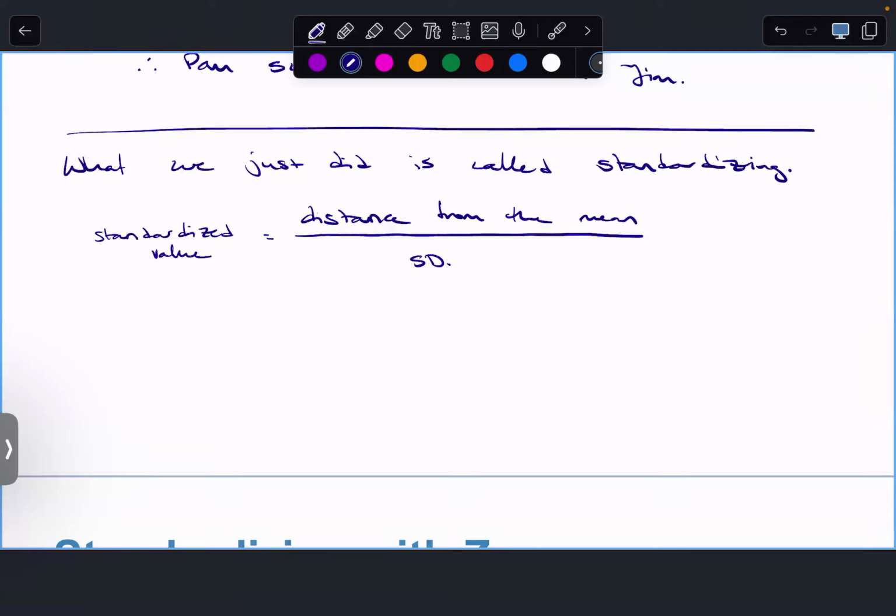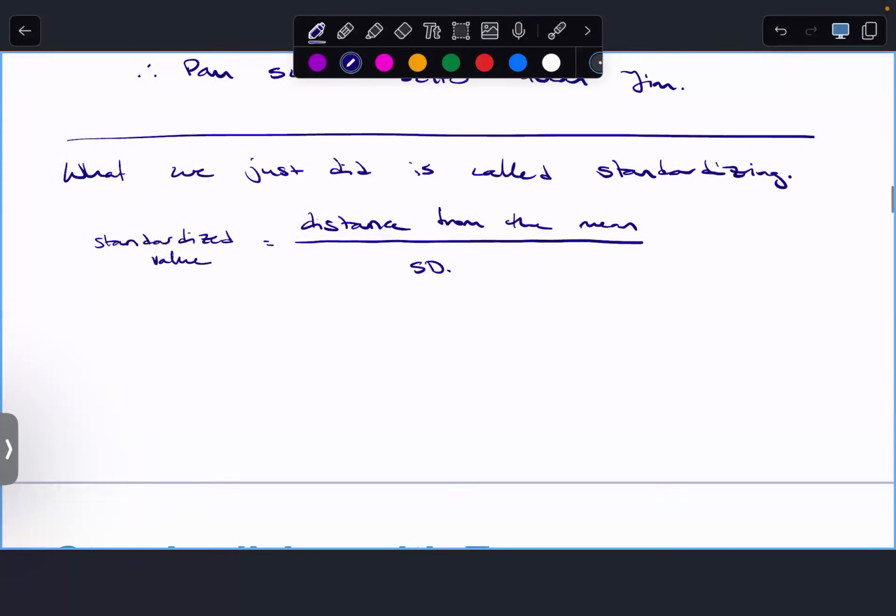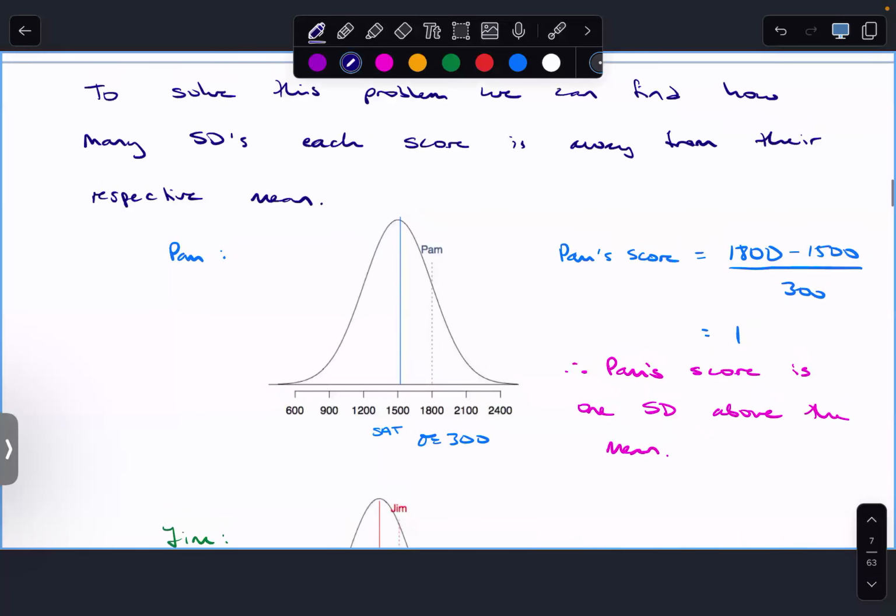What if our value was, oh, was there a question? Oh, yeah. This one? Nice, 1800. What if Pam's score was not above the mean, but below the mean? It'd be tempting to do 1500 minus 1200 to get a positive value, but then we lose that knowledge that it's below.